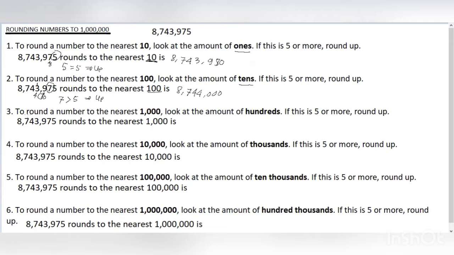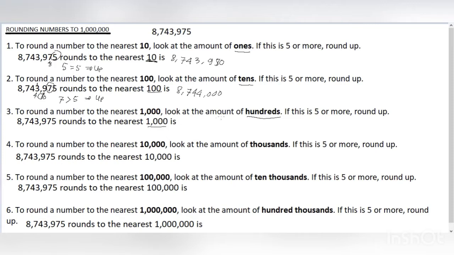The next one: to round a number to the nearest 1,000, look at the amount of hundreds. If this is 5 or more, we need to round up. Let's see the example here. We have the number and we need to round to the nearest 1,000.